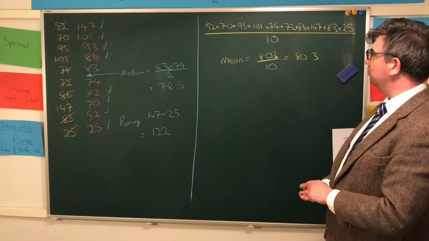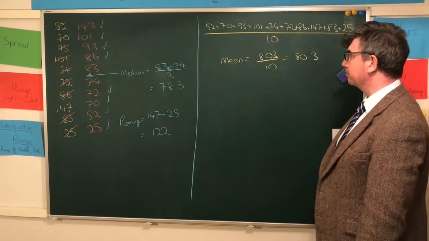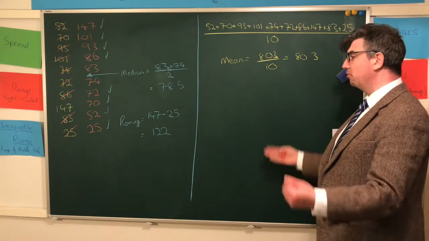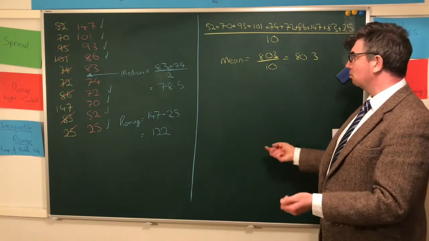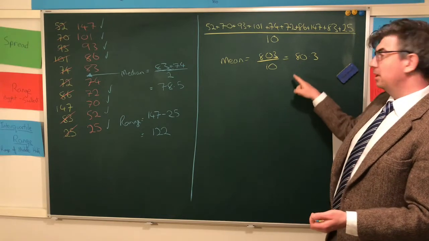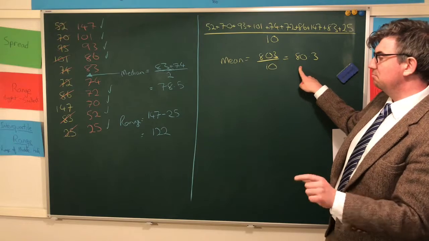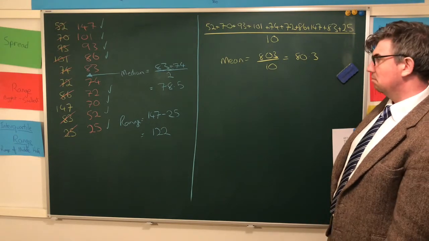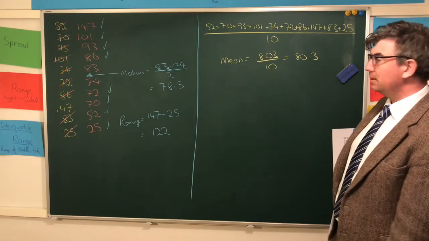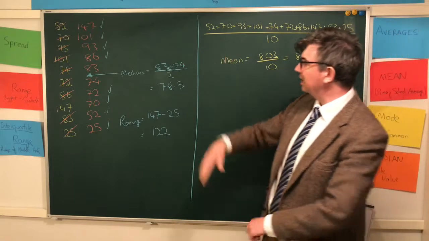So that means that if I gave you the mean of 80.3, okay, that means roughly, if everything is good, your data will all be within, let's say, 60, 61 of this. Yeah, and it kind of works out. That will not always work out if there's a big outlier, but in this case it does because there is no real outlier there.